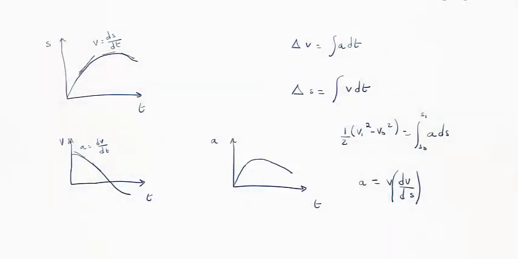Now let's work a little bit with graphs. Let's say we have a graph of the position in terms of time. The tangent of this graph is going to be the velocity, because v equals ds/dt.